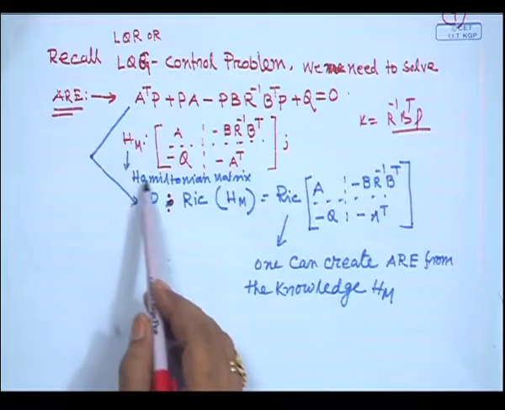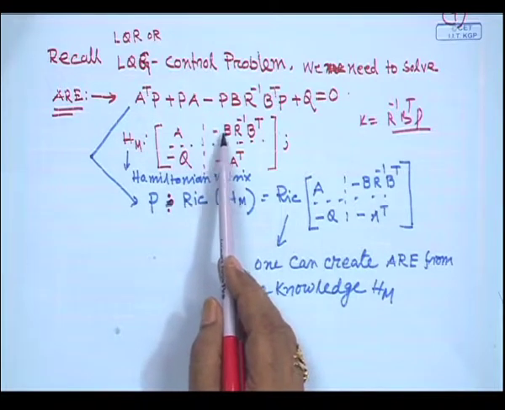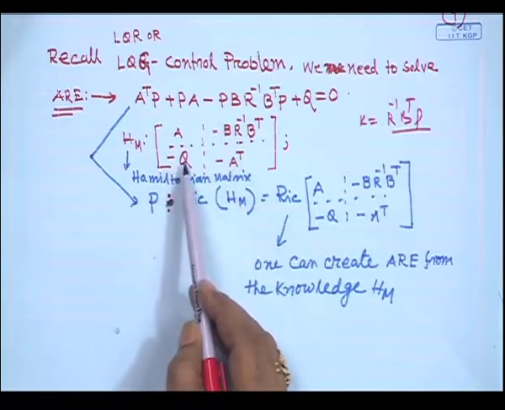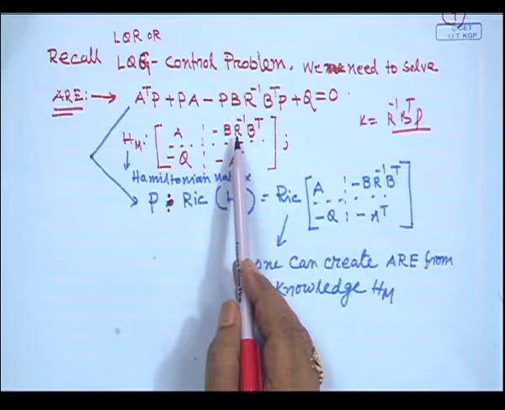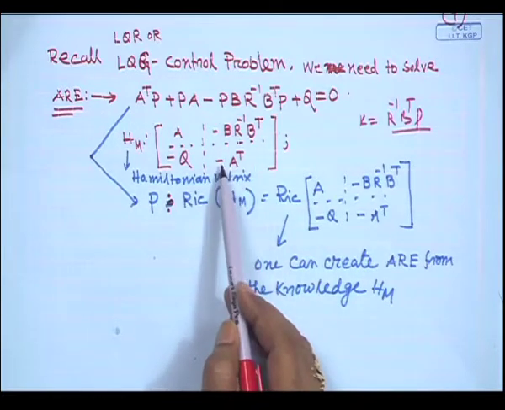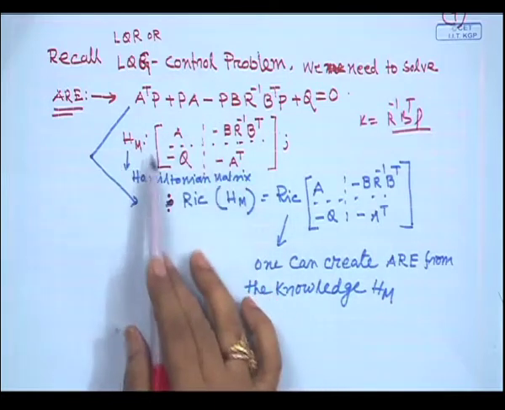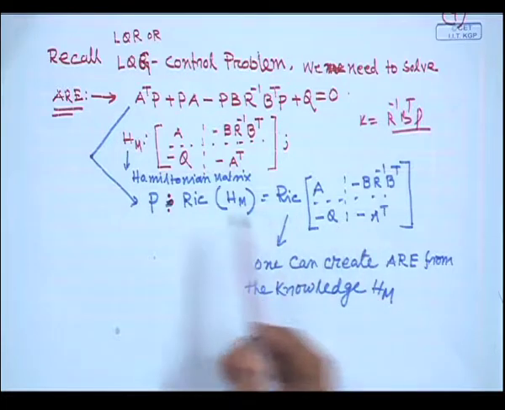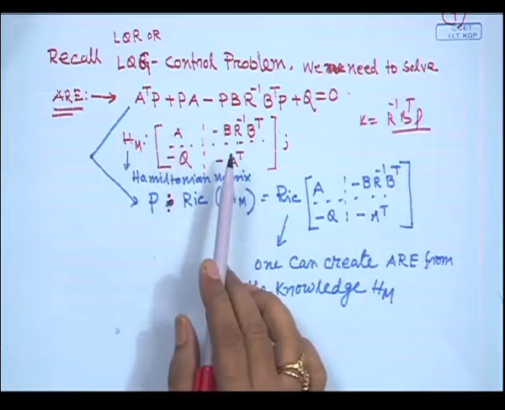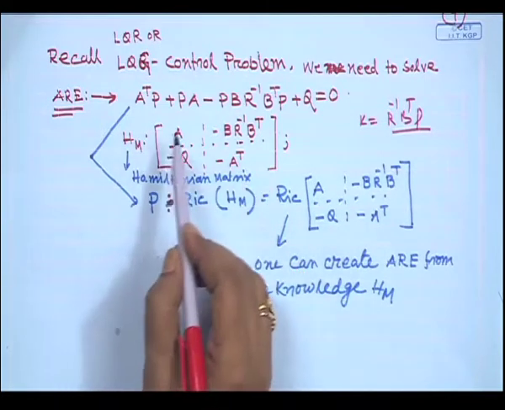This is called the Hamiltonian matrix: A, minus B R inverse B transpose, minus Q, minus A transpose. Q is the weightage associated with the state vector, and R is the weightage on the control vector. From the Hamiltonian matrix I can create the algebraic Riccati equation. How would it look?